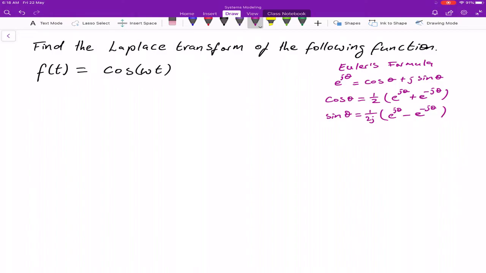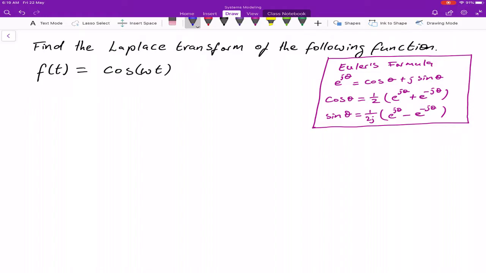So this formula is very important, and it will help in solving this equation instead of using the integration by parts. And now we are going to substitute the cosine theta into our Laplace transform.